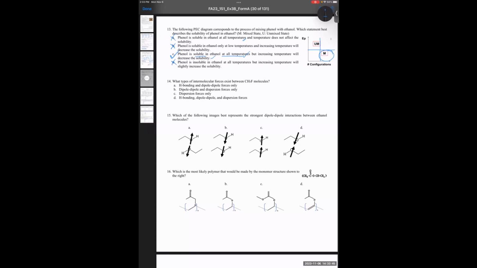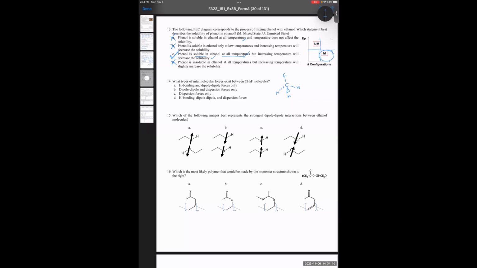All right, question 14. What types of intermolecular forces exist between CH3F molecules? Remember, CH3F looks something like this, right? This is a 3D representation on a 2D plane of CH3F. Now, this is a polar molecule because we have fluorine.